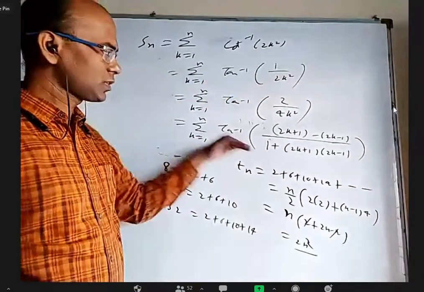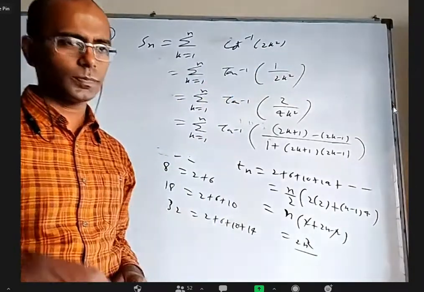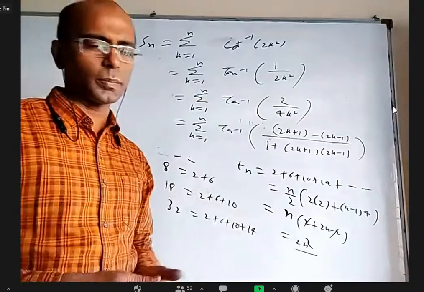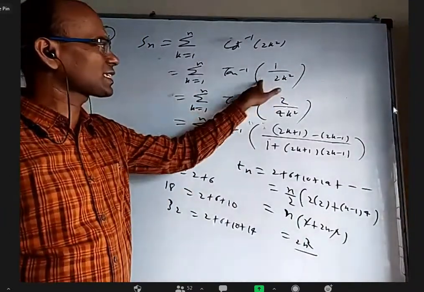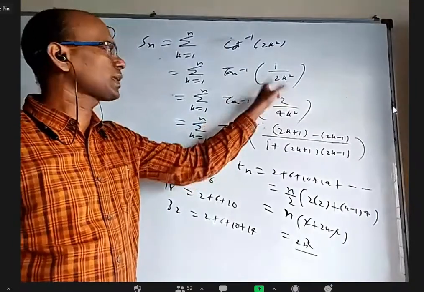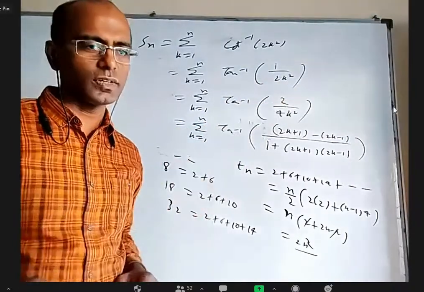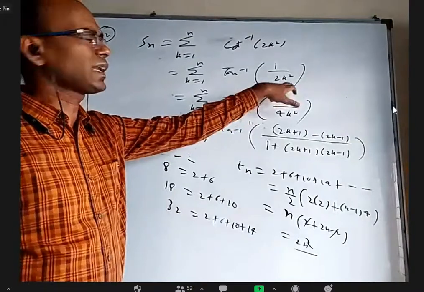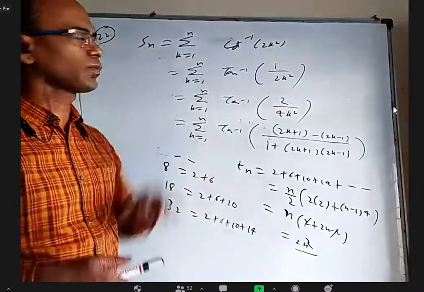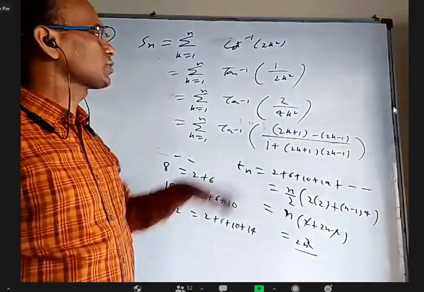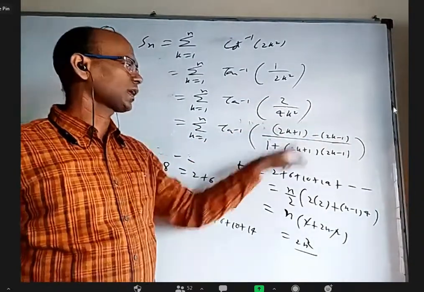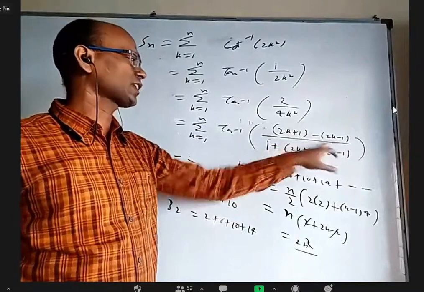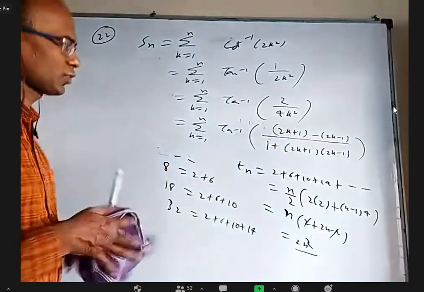That itself, one easy method is there, one long method is there: guessing and finding the pattern, or really finding the AP and doing it. After that, normally we just add 1 and subtract 1 because we want 1 plus xy here. 1 in the denominator is very, very important. But in 2k square minus 1, there is no way to split such that I can write 1 like that. So the next option is you have to get an idea that I have to multiply by 2 here, and then I have to add 1, subtract 1 and write like this. Now it is nicely in the form of x minus y by 1 plus xy.